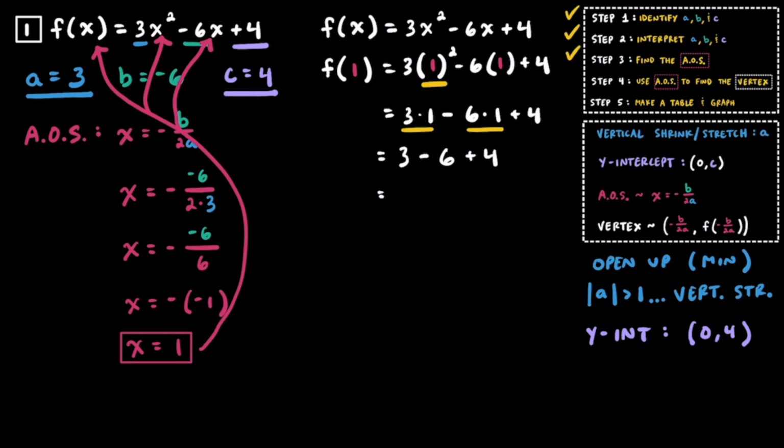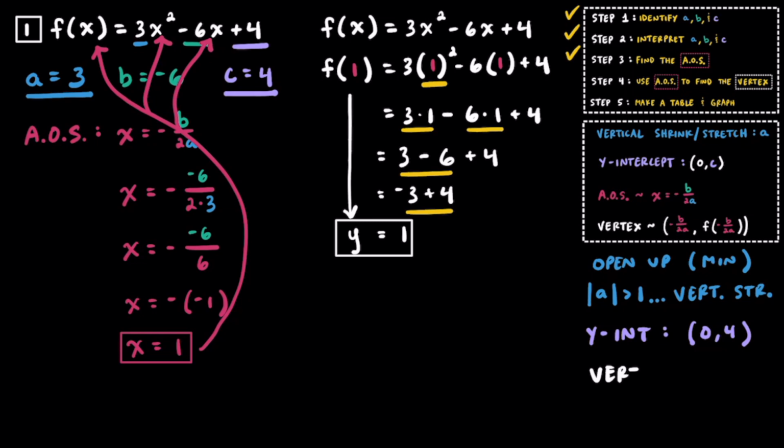After this, we're going to just go from left to right, following the order of operations. 3 minus 6 is going to equal negative 3, we have negative 3 plus 4, and we really only have one operation left, and negative 3 plus 4 is equal to positive 1. When x is equal to 1, we now know that y is also equal to 1. Combining this information together, we now know where our vertex is located. Our vertex is at 1, 1. That wraps up step 4, where we use the A.O.S to find the y value of the vertex.